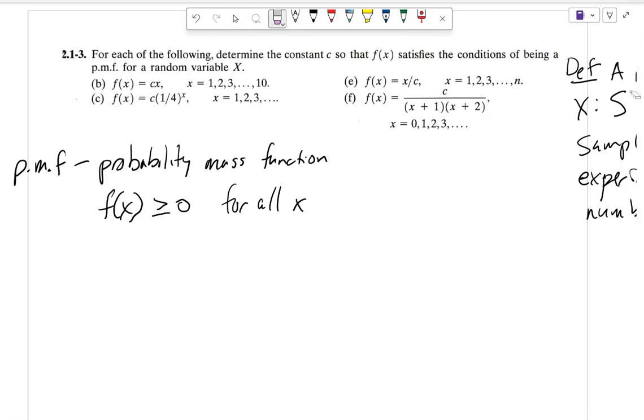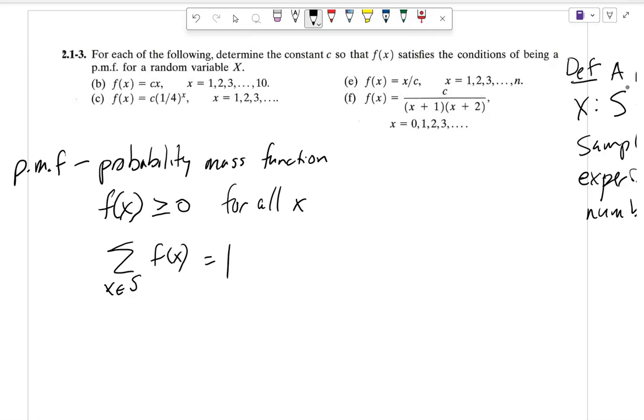I'll just write it for all x instead of trying to say where it's from. And then the second condition is that if I add up everything from my sample space and plug it into the function, I better get 1. There's another condition as well, but we'll talk about that on Tuesday, when we actually start doing probabilities.